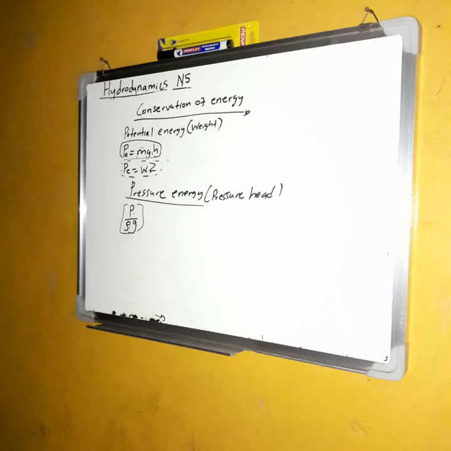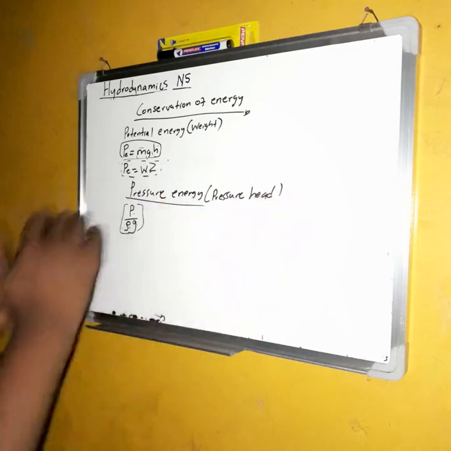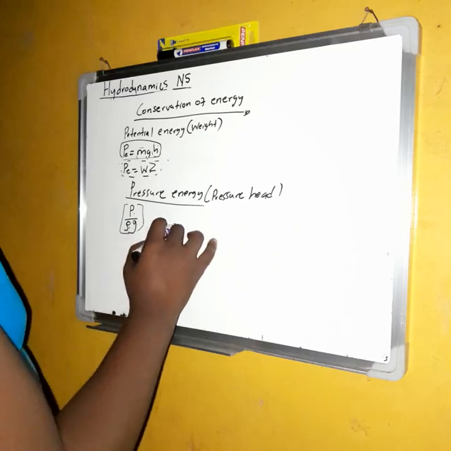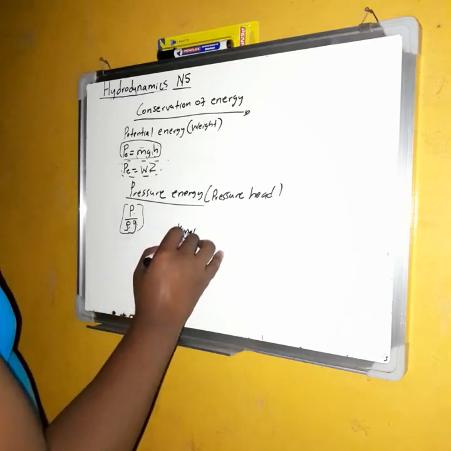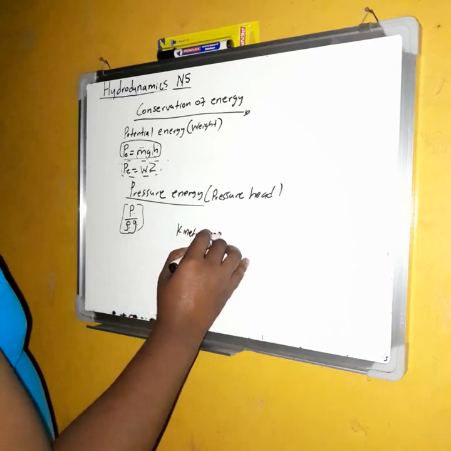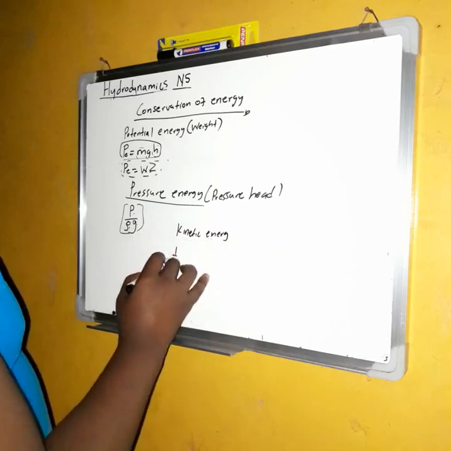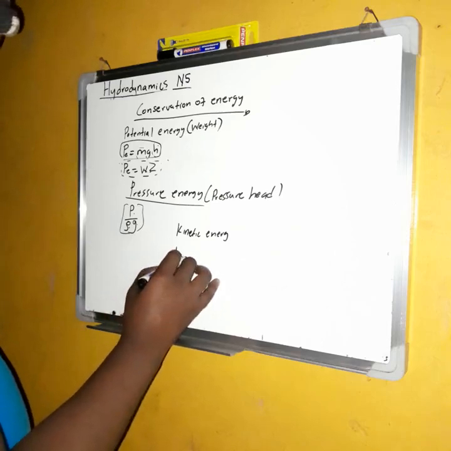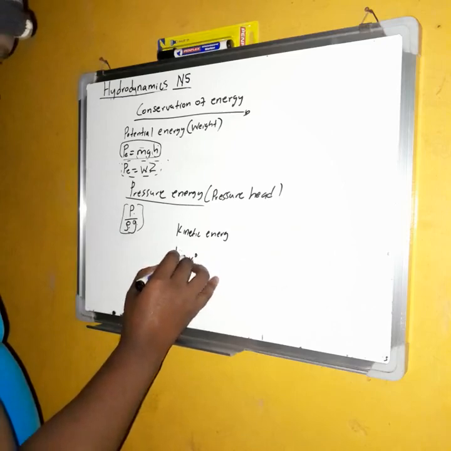So let us deal with kinetic energy. I'm sure we've discussed kinetic energy. Again, we have kinetic energy, which is 1 over 2 m v squared.